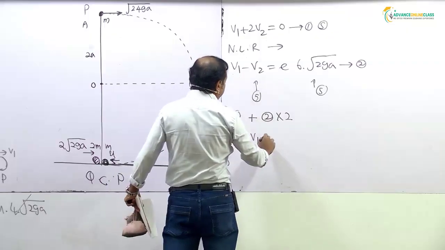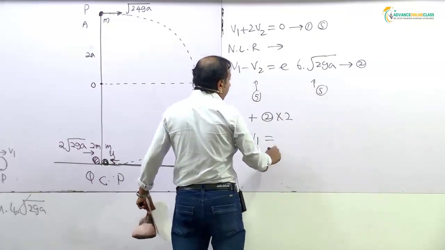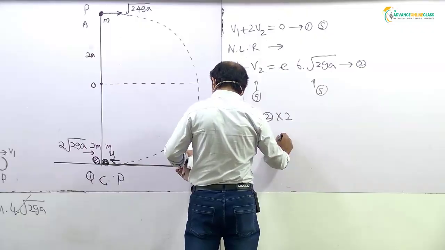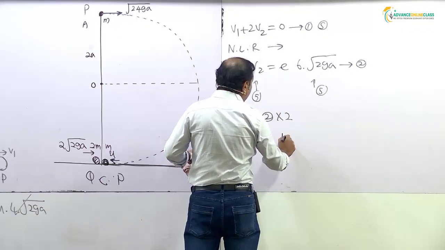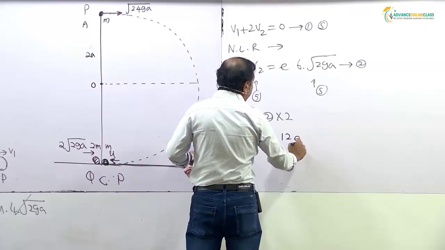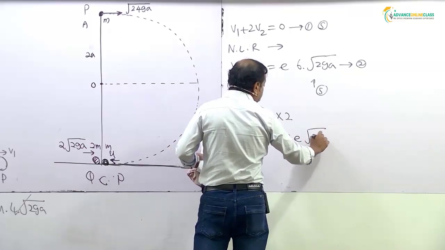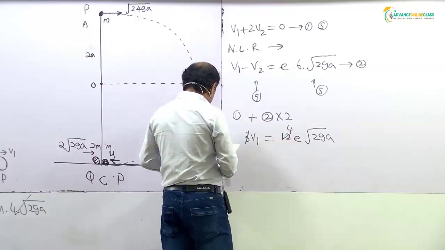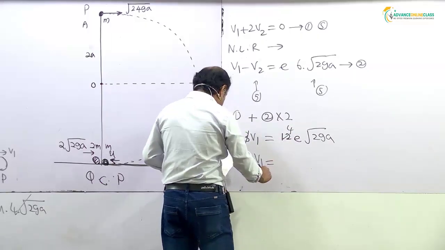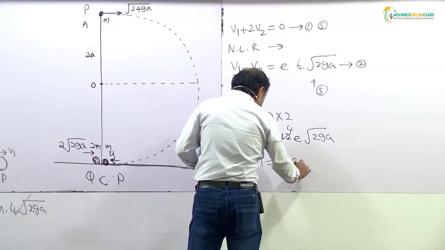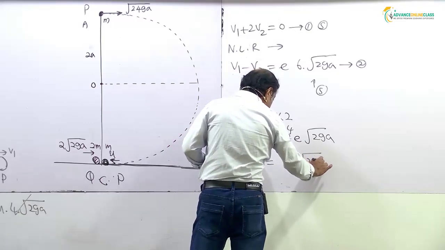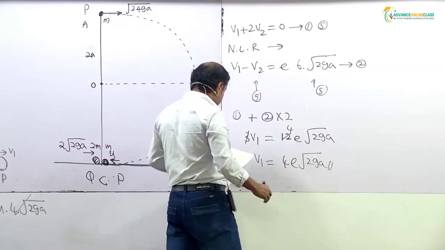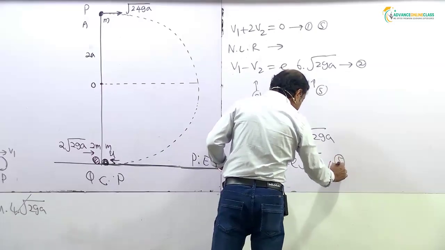So 2 v1 plus v1 is 3 v1, because this is multiplied by 2. Here we get 12 e root 2 GA. This and this you can cancel out. V1 is 4 e root 2 GA. 5 marks.